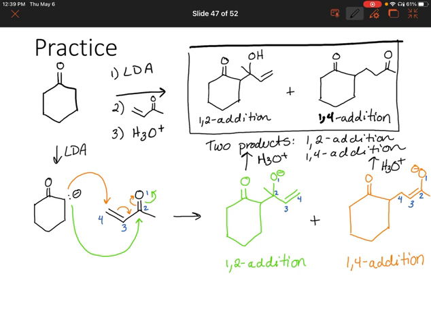All right, so now we have to figure out what is our major product and our minor product. So normally we would look at our double bonds and our intermediates and see how substituted they are. But in this case, we're actually going to look at our enolate. Is it a weak and stable enolate, or is it a strong and unstable enolate?